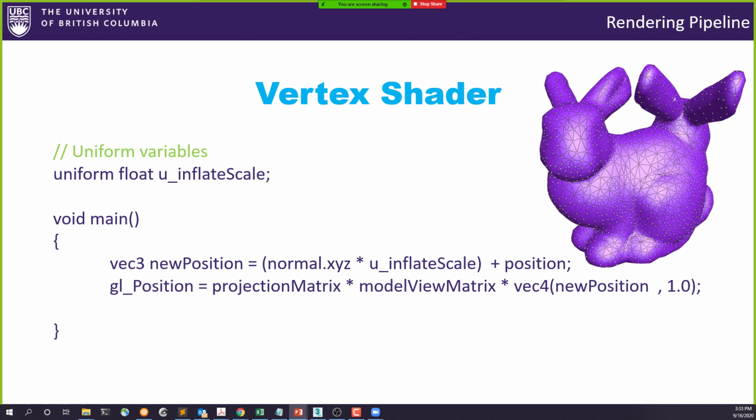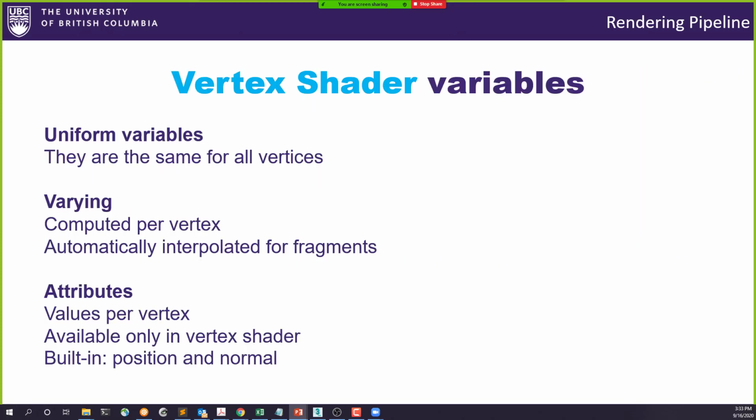Okay. And there's this question: I have these variables called uniform variables, so what are they? It sounds weird, right? Why are they called uniform? These are the types of variables that you have in the vertex shader. We have three types: uniform variables, varying variables, which is a super weird name, and attributes, okay?